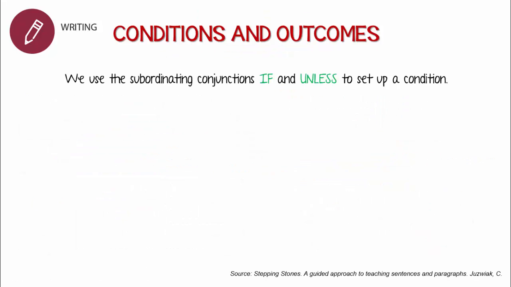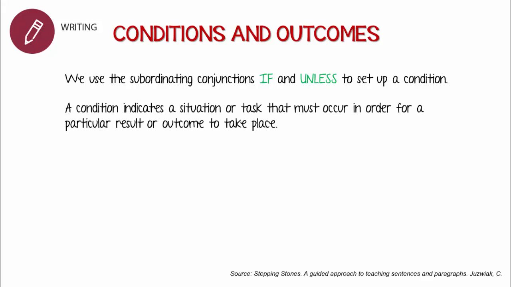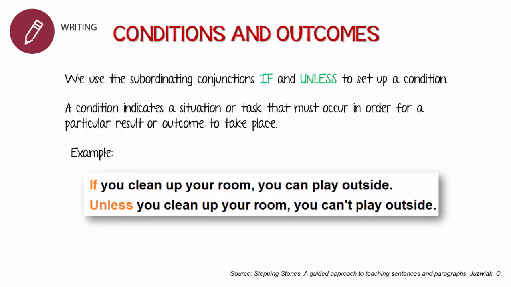Conditions and outcomes. We use the subordinating conjunctions if and unless to set up a condition. A condition indicates a situation or task that must occur in order for a particular result or outcome to take place. For example, if you clean up your room, you can play outside. Unless you clean up your room, you can't play outside.